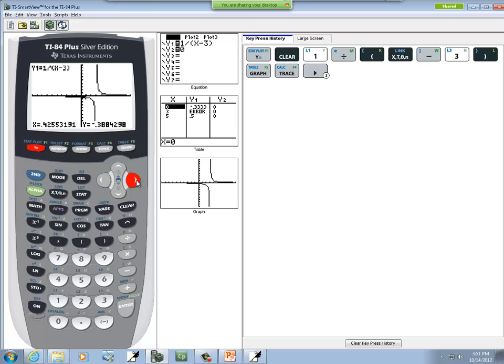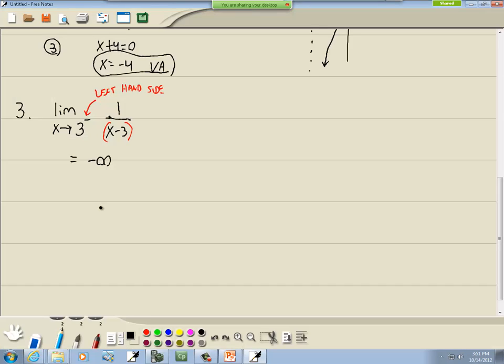As I press my right arrow key, you see it's getting closer and closer to x equals 3. It flipped up there too fast, but anyway, when it got to this, you see y was negative 46. So it's going down forever. Now these are more of actually just studying where it's headed toward. Like this is going to negative infinity.